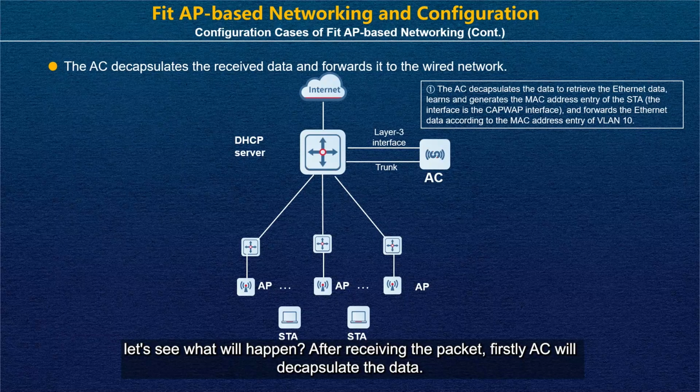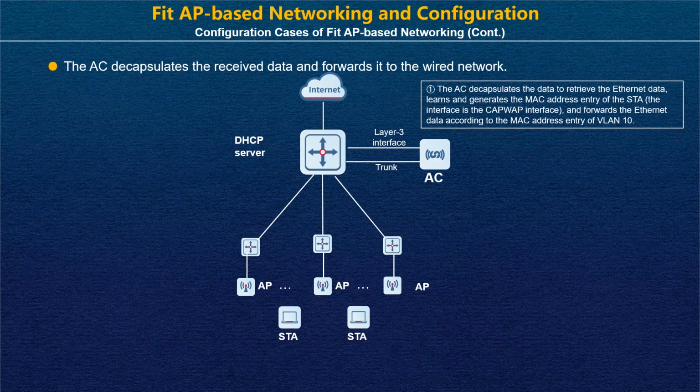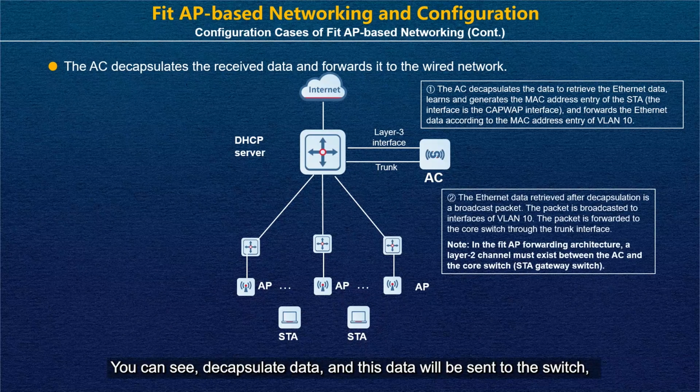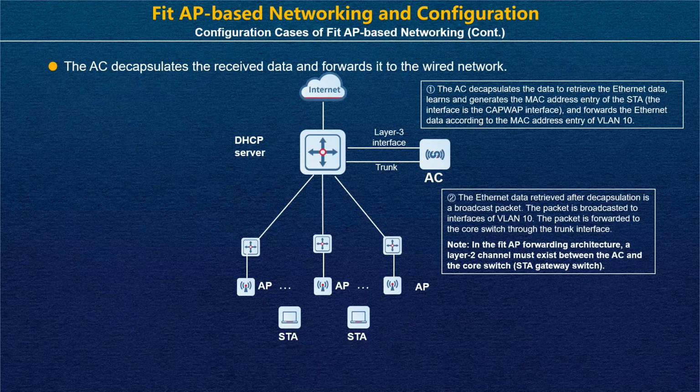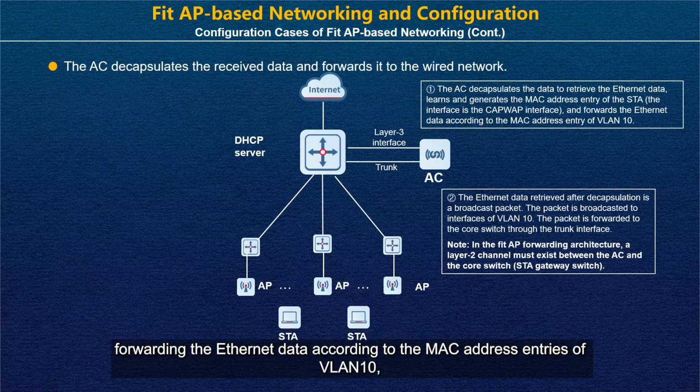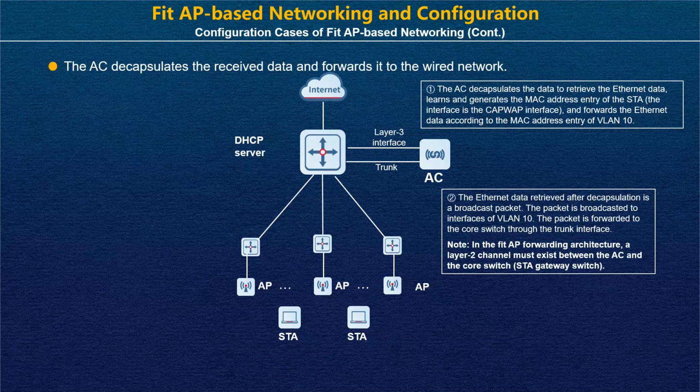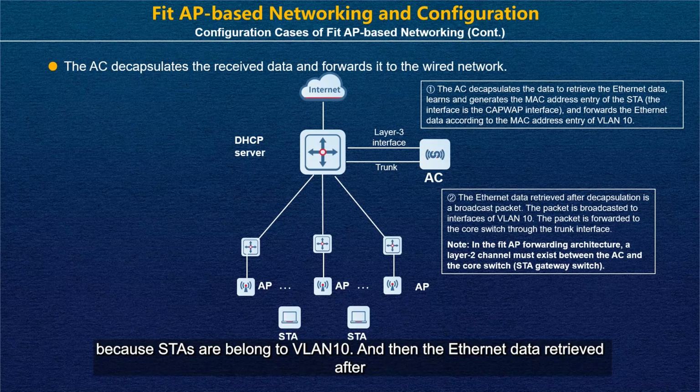And after receiving it, let's see what will happen. After receiving the packet, firstly, the AC will decapsulate the data. You can see the decapsulated data will be sent to the switch. While before forwarding this packet, the AC will learn and generate the MAC address table for the Ethernet data according to the MAC address entries of WLAN 10, because the STAs belong to WLAN 10, right?